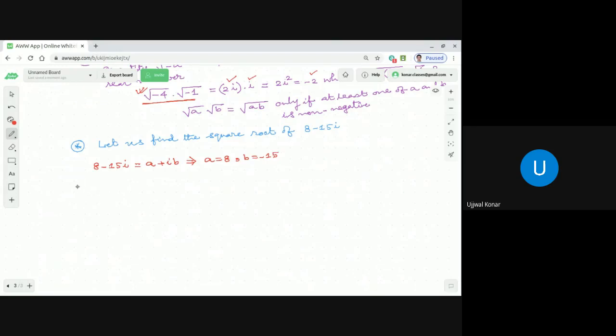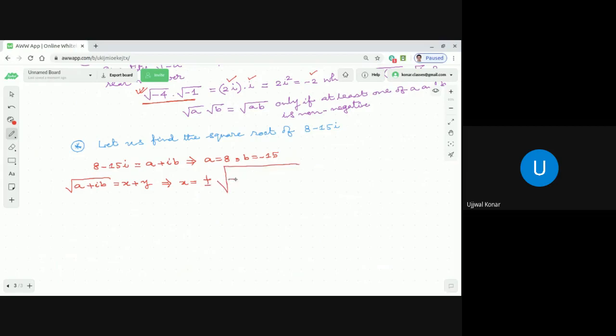Now at the same time, if we write square root of a plus ib is equal to x plus iy, then we know what is the value of x. We know the value of x is equal to plus minus a big square root.